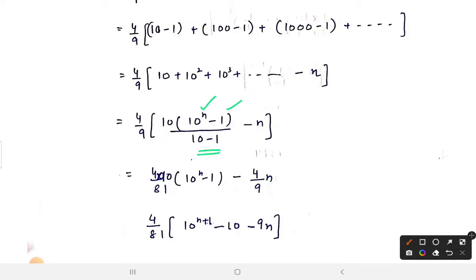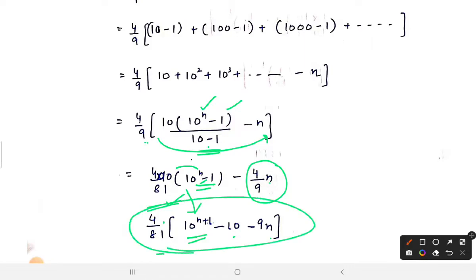So we have 4 into 10 upon 9 into 9, which is 81, into 10 to the power n minus 1, minus 4 into 9 times n. Or you can take 4 upon 81 common. So it will be 10 to the power n into 10, which is 10 to the power n plus 1, minus 10, minus 9n is the answer.